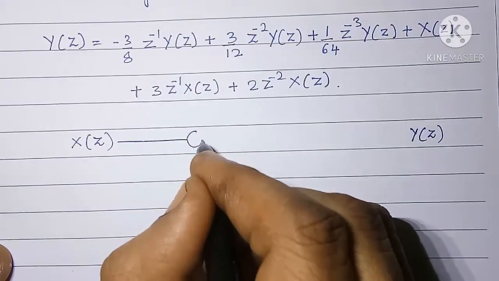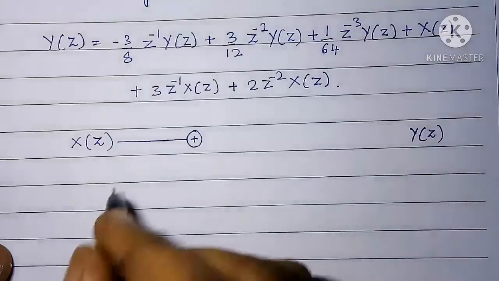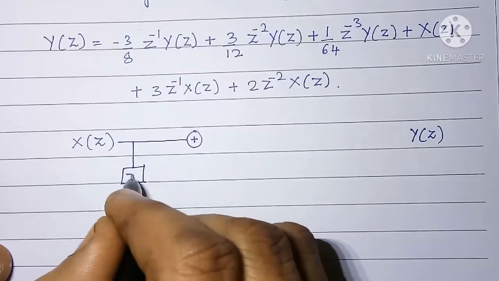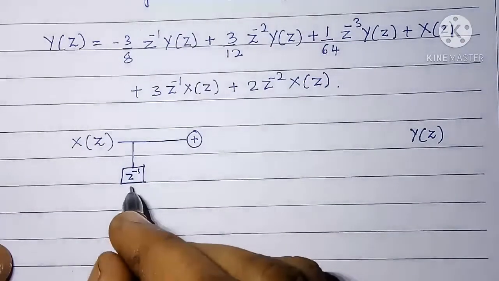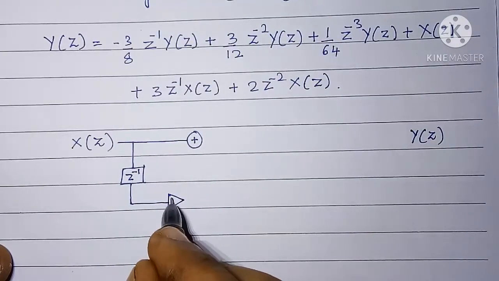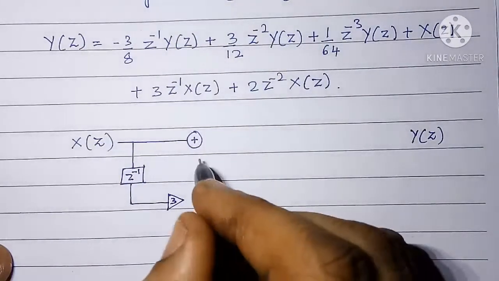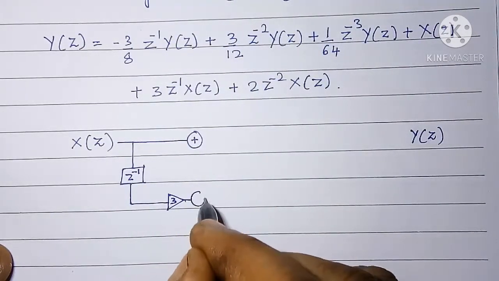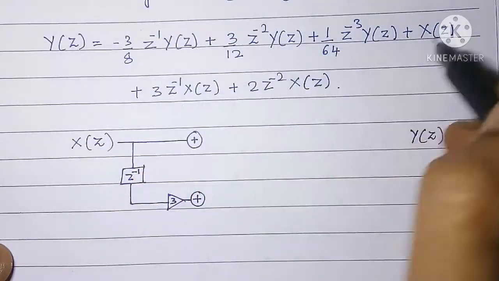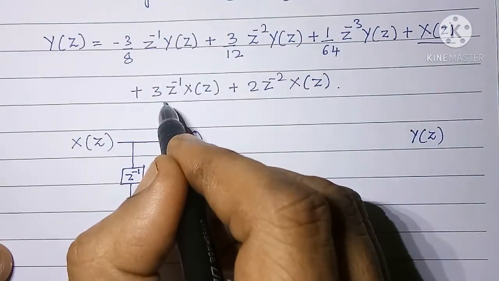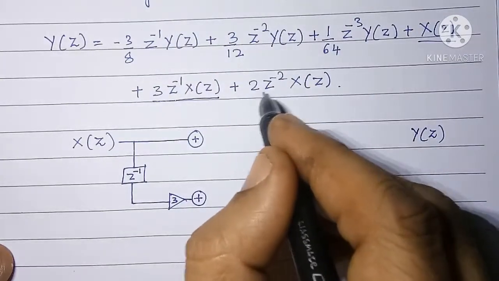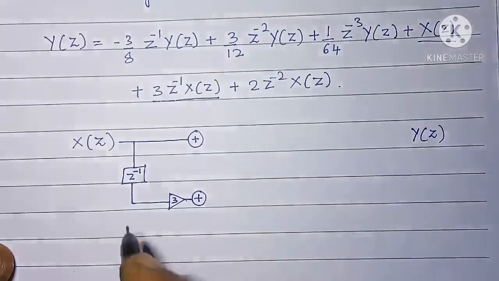So here I will show one plus sign, and from here I will tap x of z, one delay unit, and then gain I will show here as 3, and I will show here plus sign. So this term and this term here I have obtained. Next I have to obtain 2 into z raised to minus 2 into x of z.